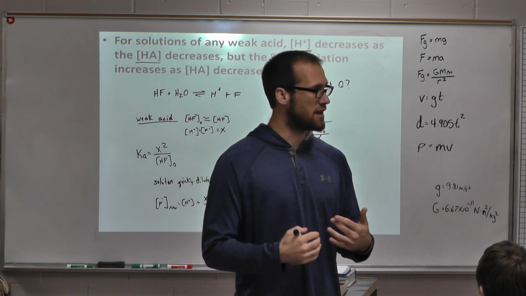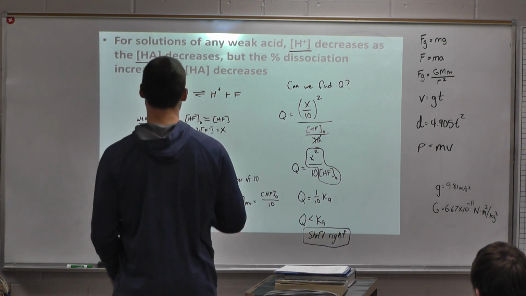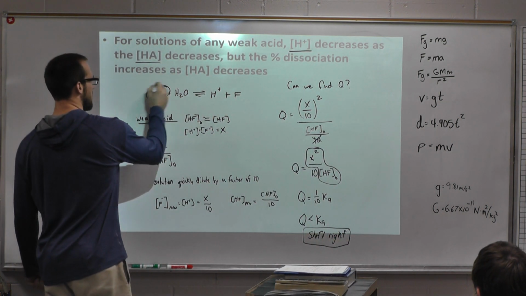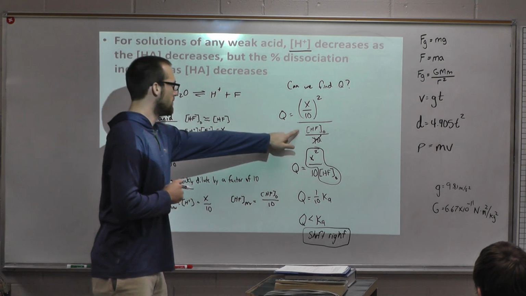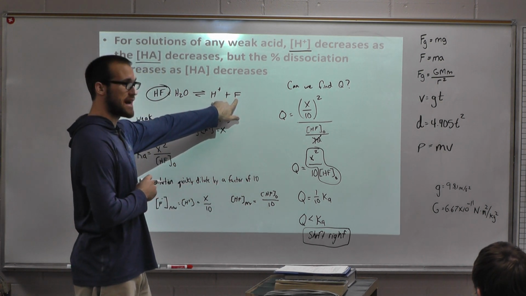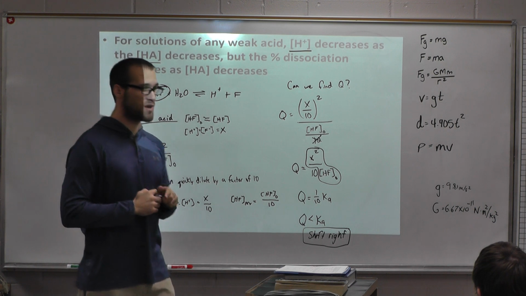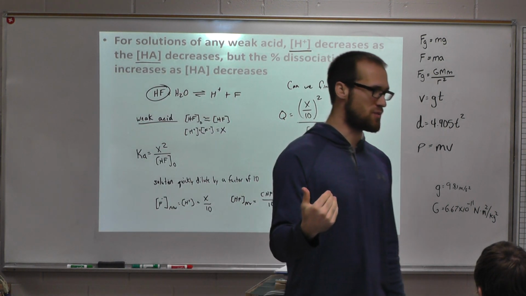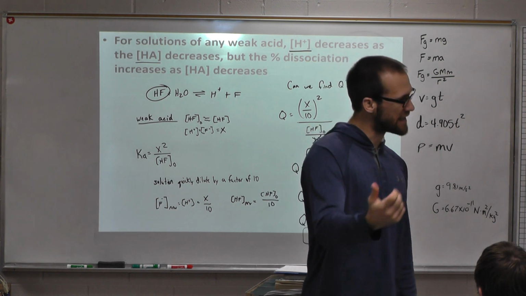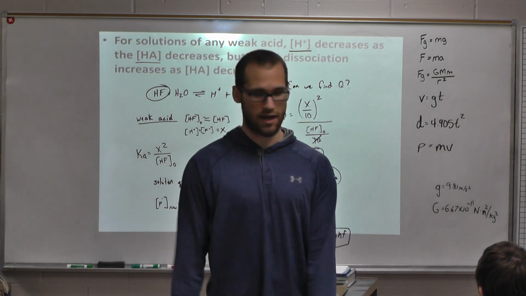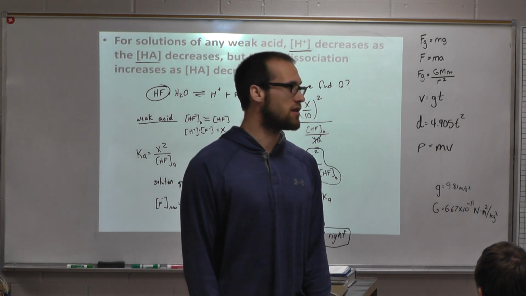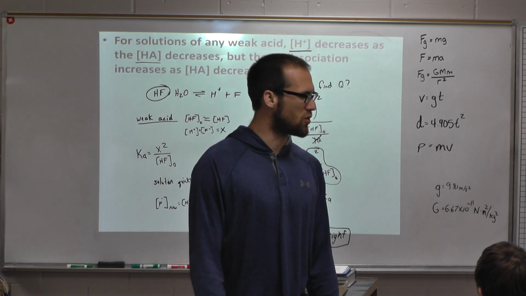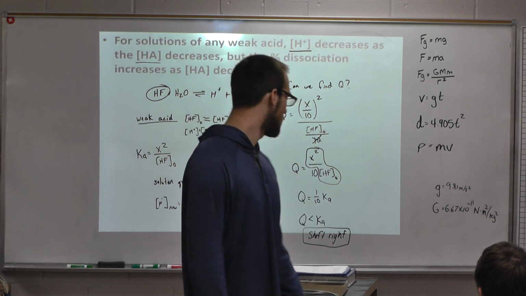The main reason here is we really only have one thing on the bottom and two things on the top, and so whenever you dilute it, you're actually just making the bottom bigger. Making the bottom bigger is going to make Q less than K, causing it to shift right and producing more product, or dissociating more, to reach equilibrium.